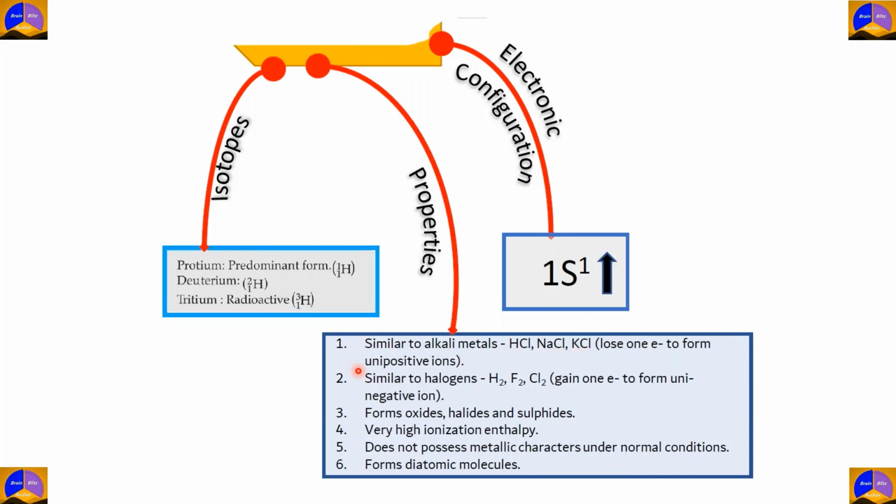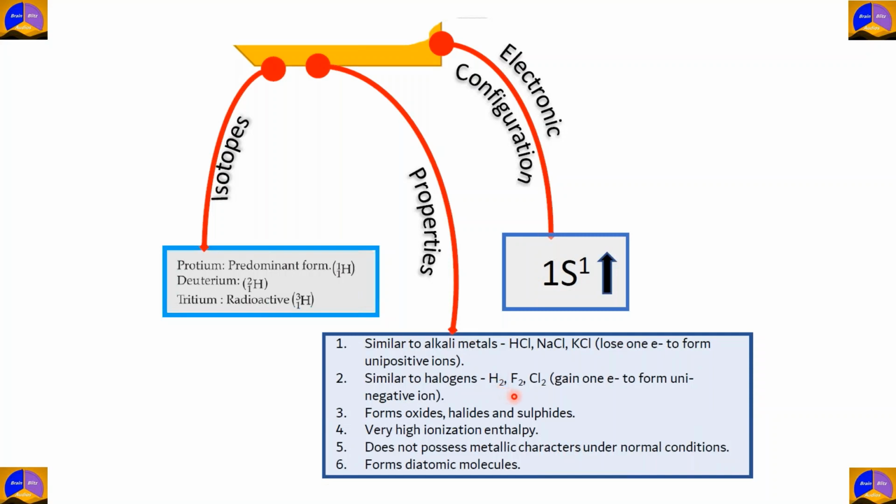The second property of hydrogen is that it's similar to halogens. Now the compounds here will demonstrate why. H2, F2, Cl2. Now these elements gain one electron to form uninegative ions. Since hydrogen only needs a duplet to complete its electronic configuration to a more stable electronic configuration, it can either do an H+ and exist as a proton, or it can be H- and exist in the configuration of helium, that is 1s2.